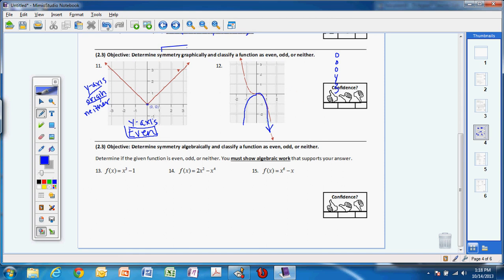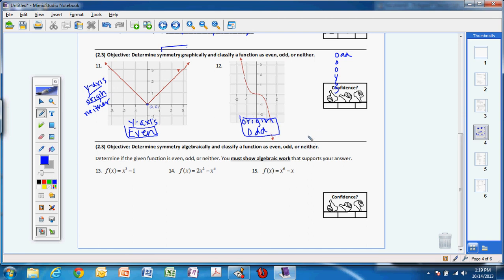So that tells me that number 12 has origin symmetry, or it's symmetric about the origin. Remember, if something was symmetric about the origin, that meant it was odd. So this graph is actually an odd function.